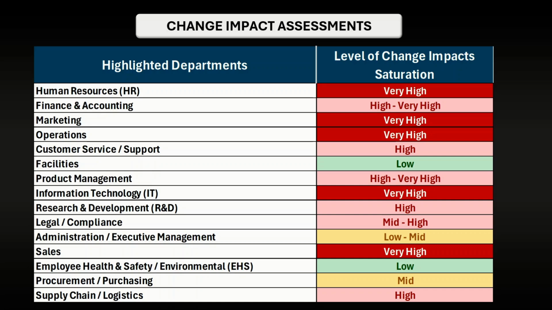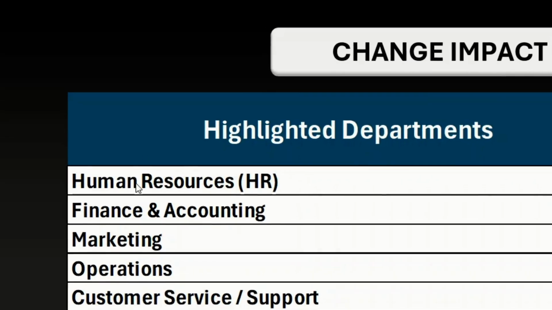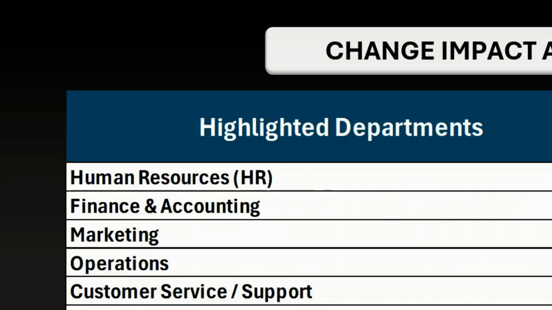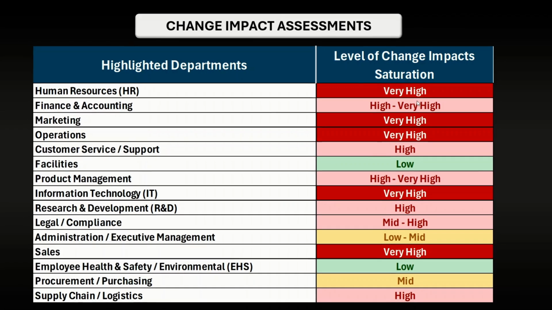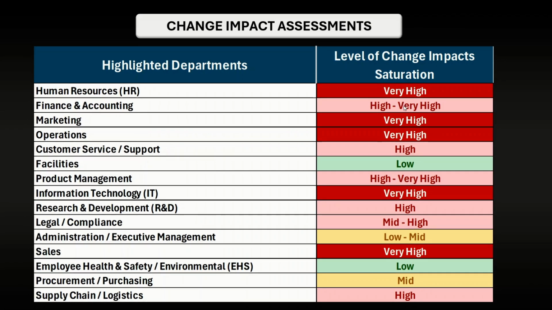This is the overall change impact from the different changes that are impacting each department. For example, you will notice that human resources is experiencing a very high level of change saturation, meaning that there are a lot of changes happening that are impacting human resources.